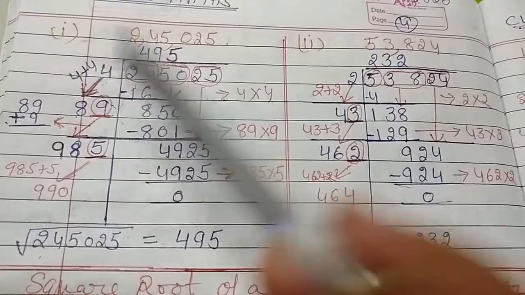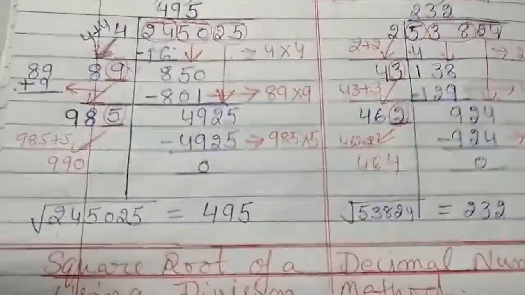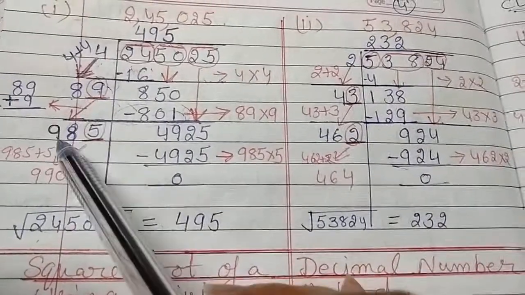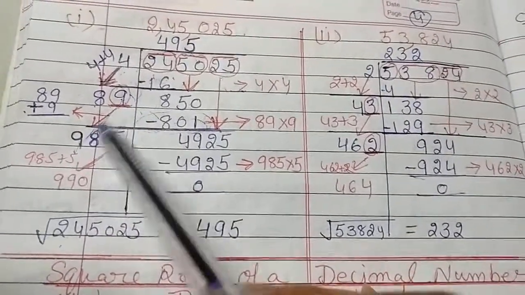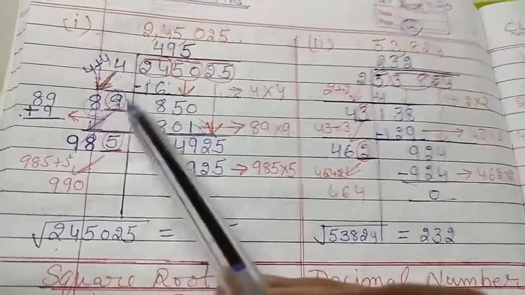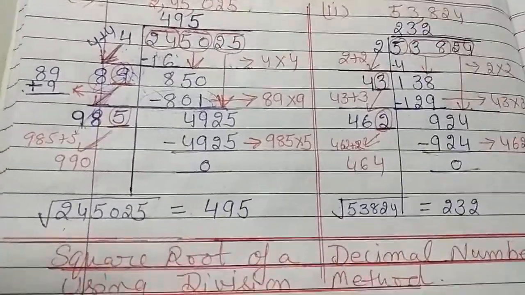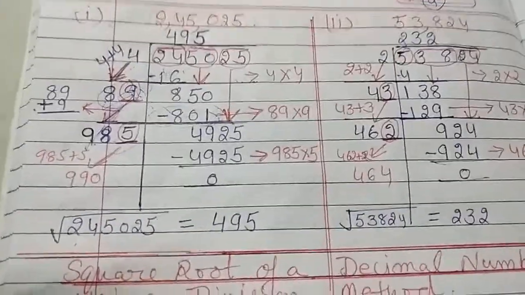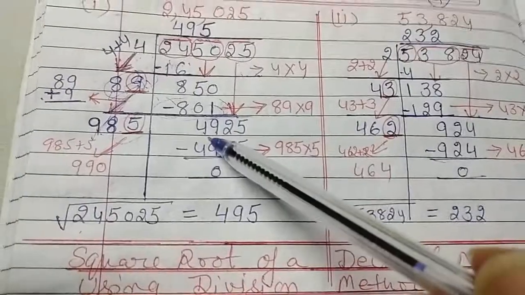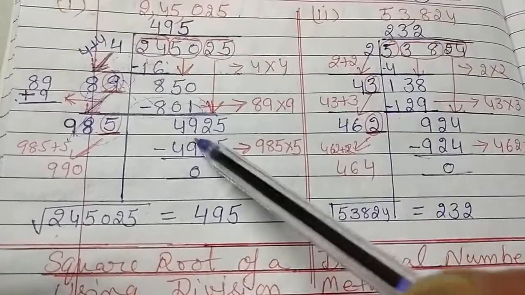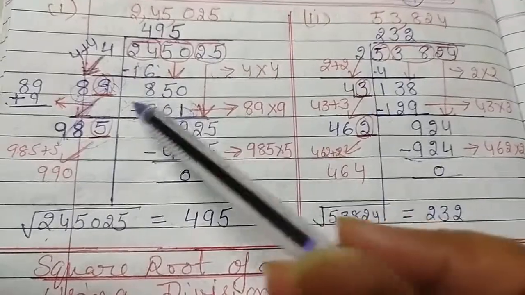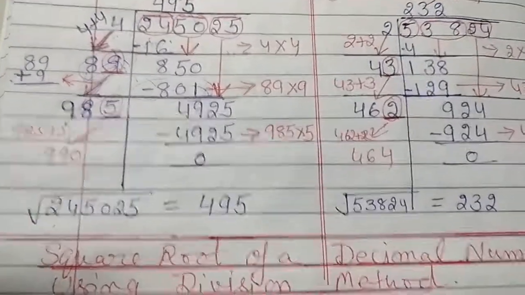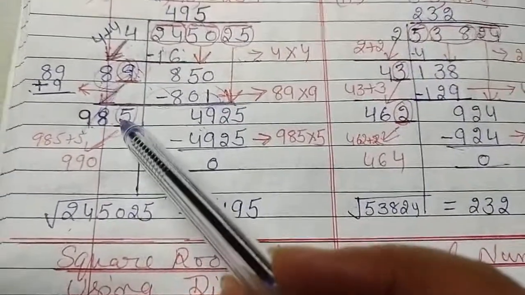So I got 9. At the same level you multiply 9 with 89, and for the next divisor you add that 9 to this. 89 plus 9 becomes 98 for the next divisor, and you leave space on the right side for making the next divisor. Then after subtraction you carry down the next pair, 4925, and when you take 5 here, you get exactly 4925.